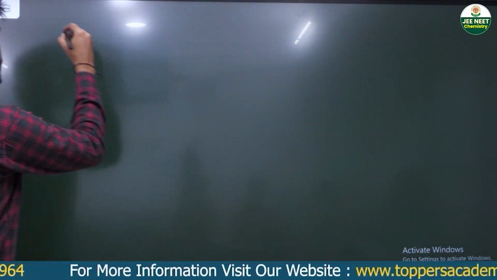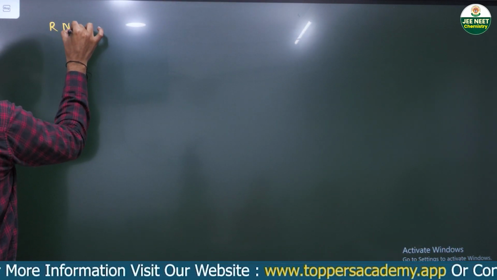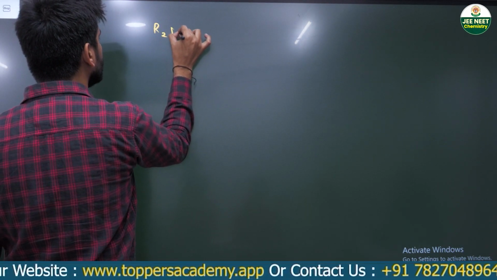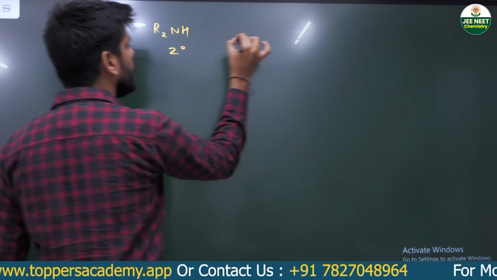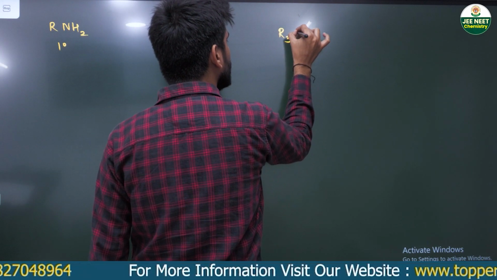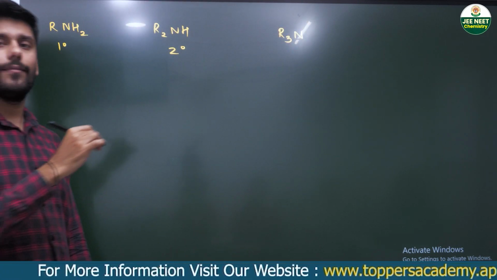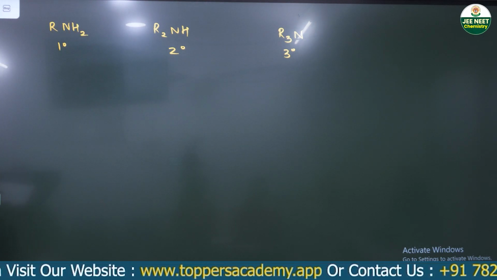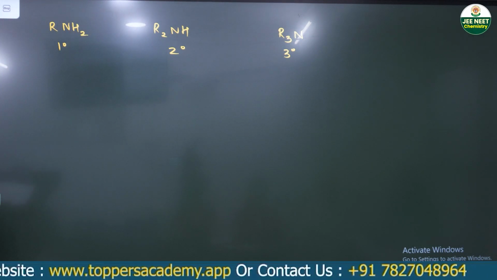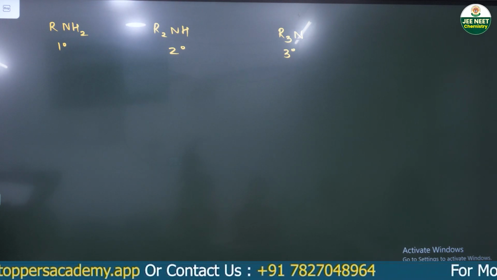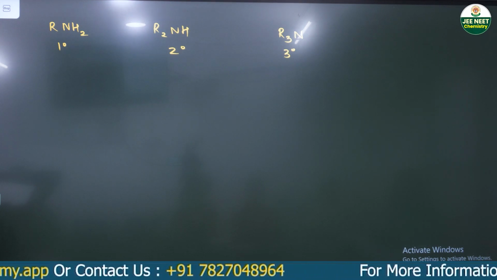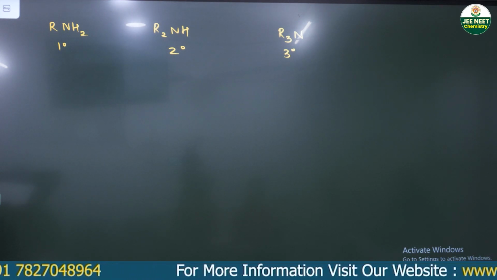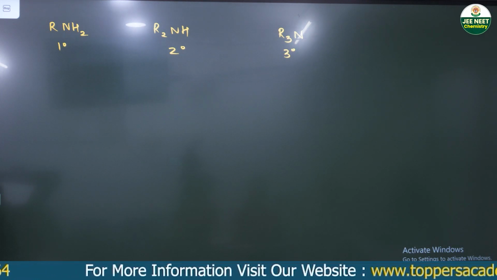Now, suppose I have 1 degree amine, 2 degree amine and 3 degree amine. Can you arrange them in the order of boiling point?